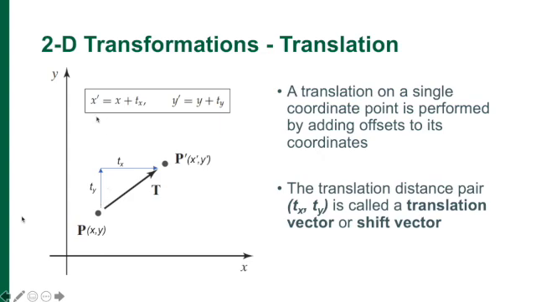The equation to generate a translated point is defined by x prime equals the original x plus the translation in x, and similarly y prime is going to be the original y plus the translation in the y-axis.